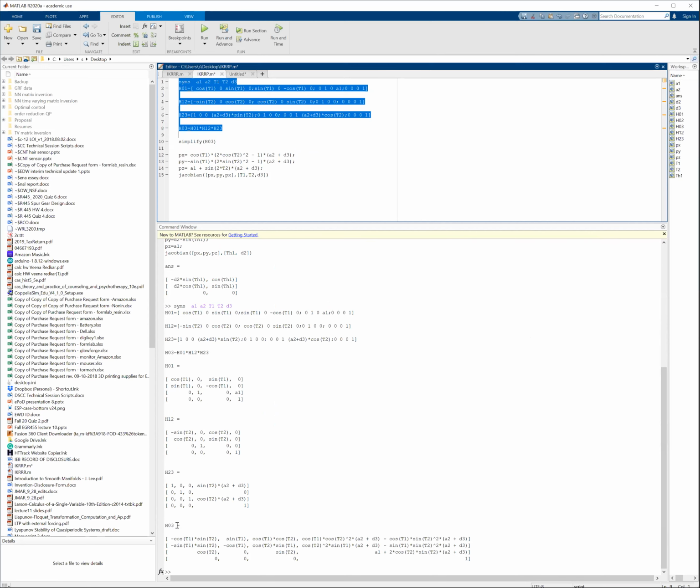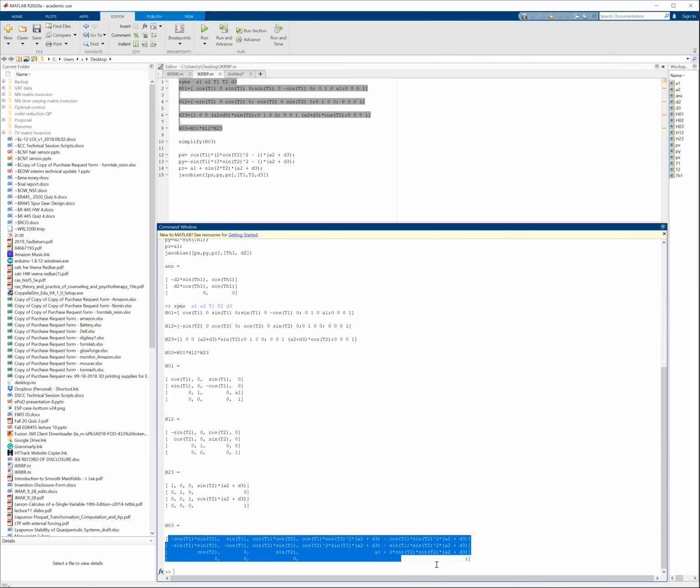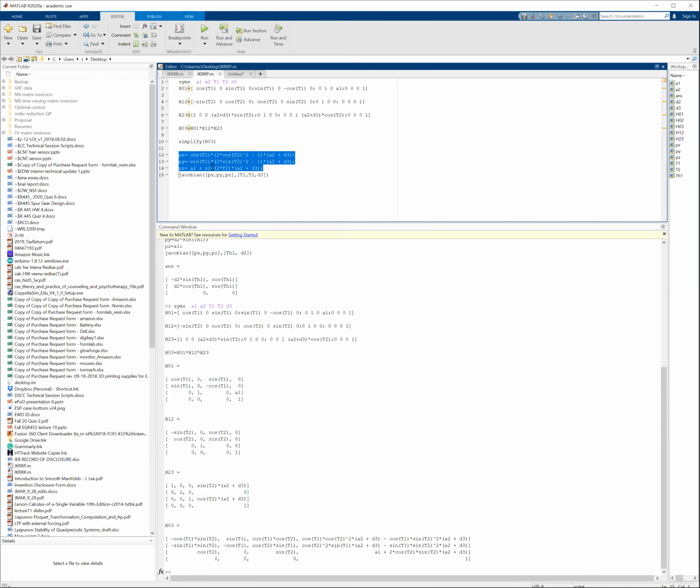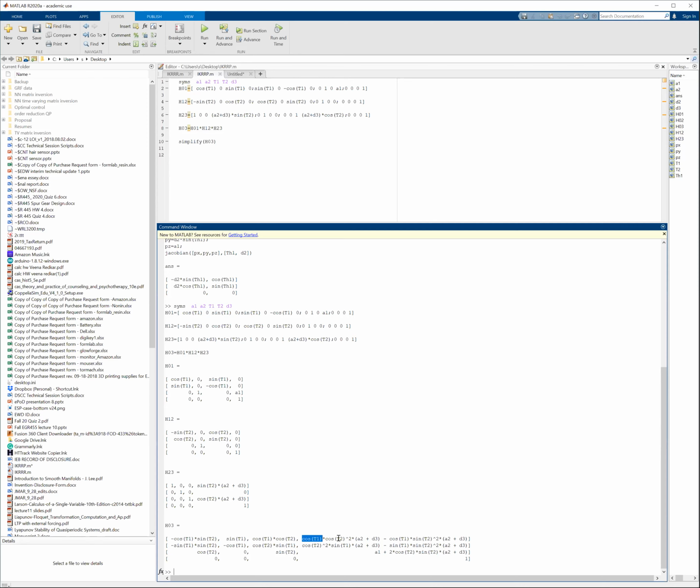And let's do this calculation. Now, what we get is that H03 is a big expression. So in this big expression, I'm going to grab the Px, Py, and Pz. And let's see what Px is. This whole big thing is my Px.